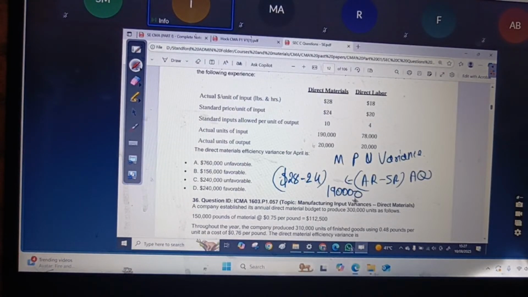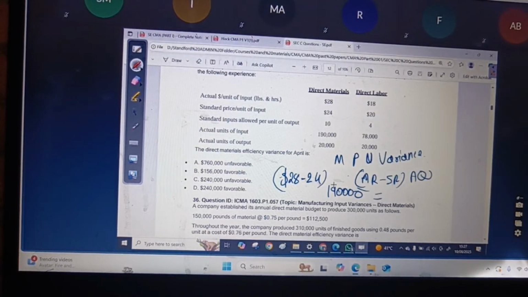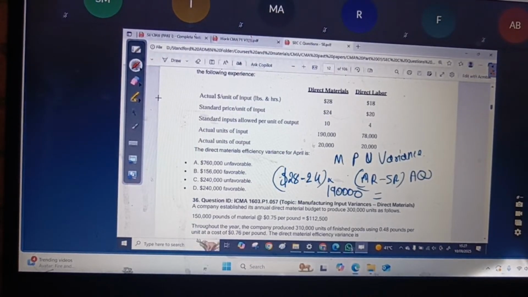What is the answer for this? Favorable or unfavorable? Unfavorable, because the actual rate is more than the standard. Very good question.